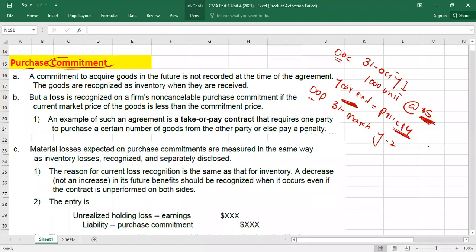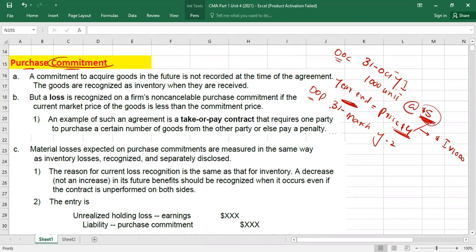But you have signed a non-cancelable contract at the rate of $5, so you are going to buy the product at a higher price, right? How much loss are you incurring? $1 for each unit.